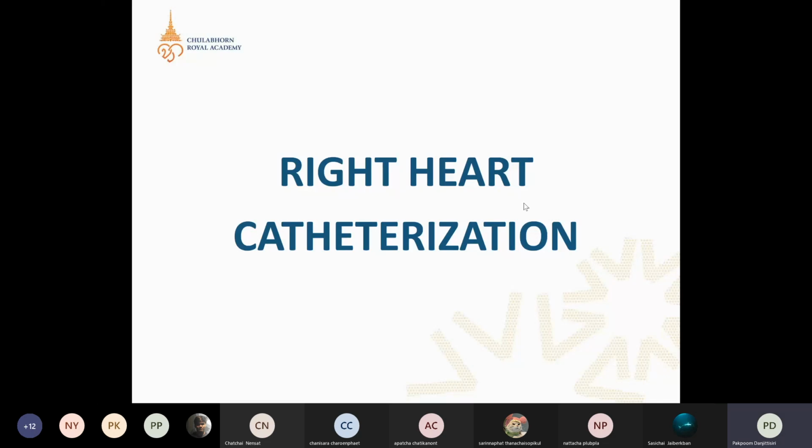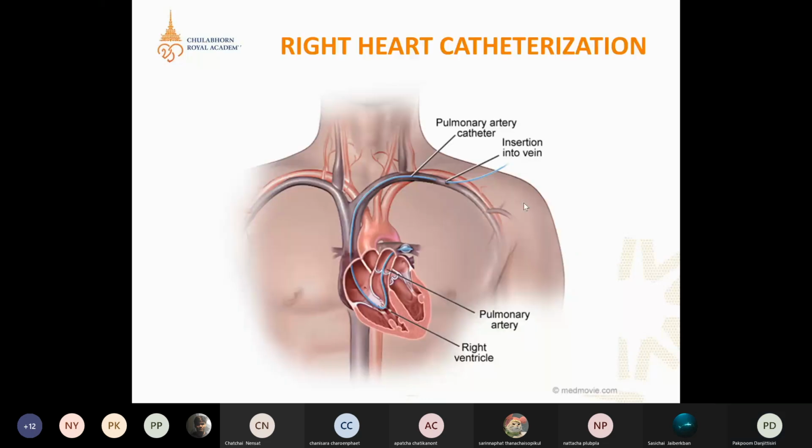Okay, after we have done everything inside the left heart catheterization, we are going to the right heart catheterization.